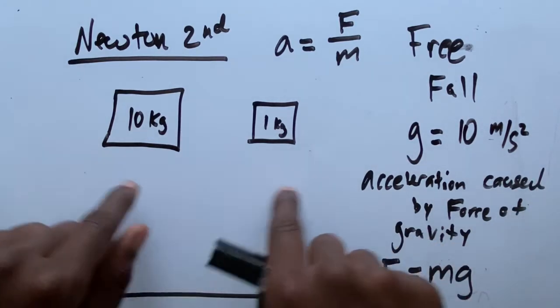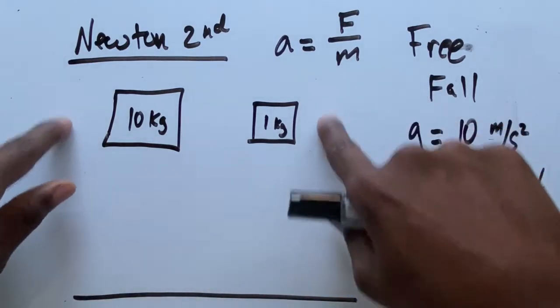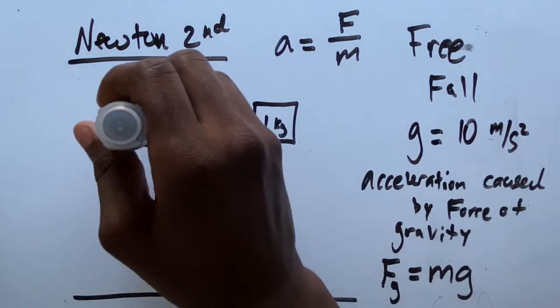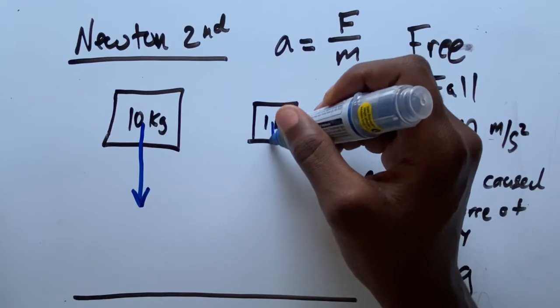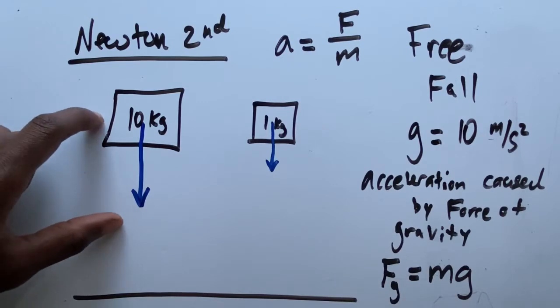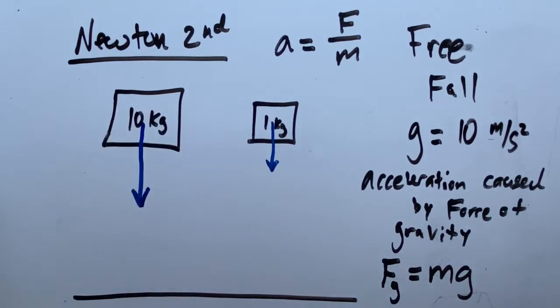So each one of these has the force of gravity here pulling them downwards. So this one has a force of gravity, and then this one has also a force of gravity. But notice how I drew this force here a little bit longer than this force here.